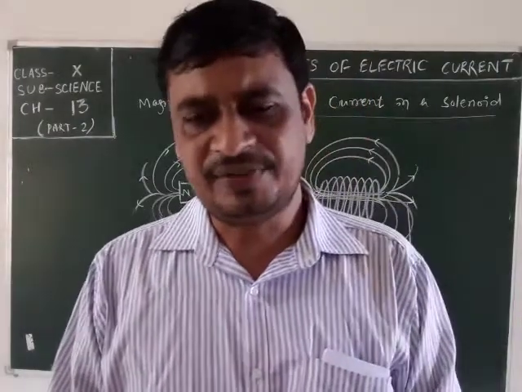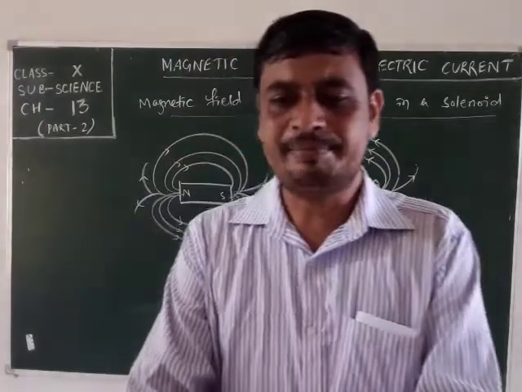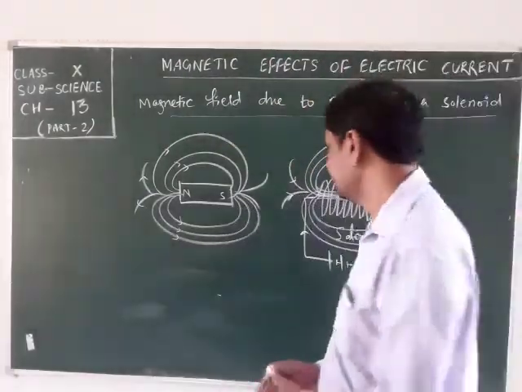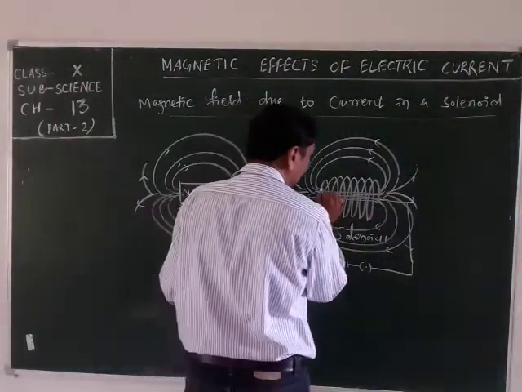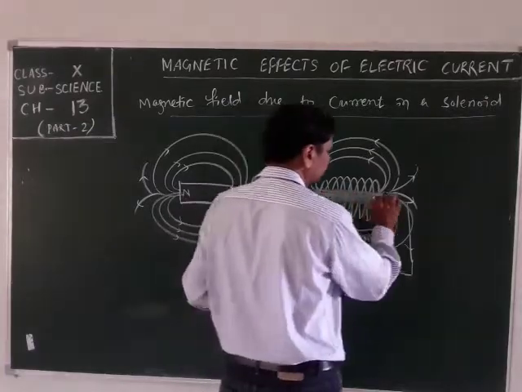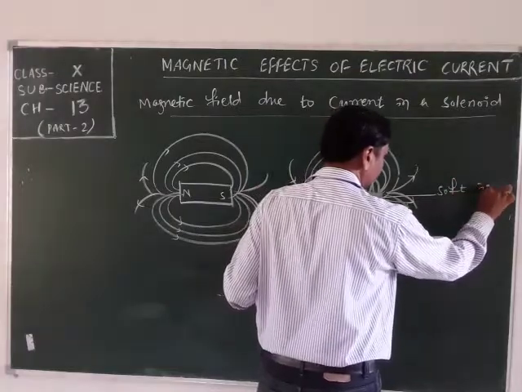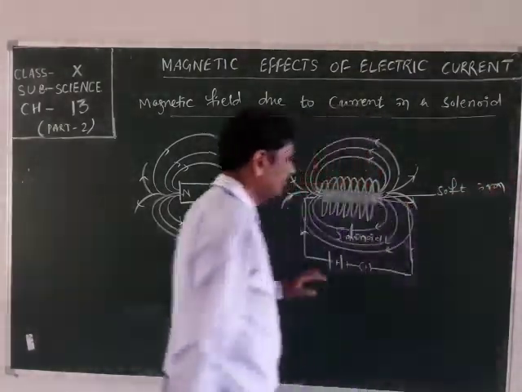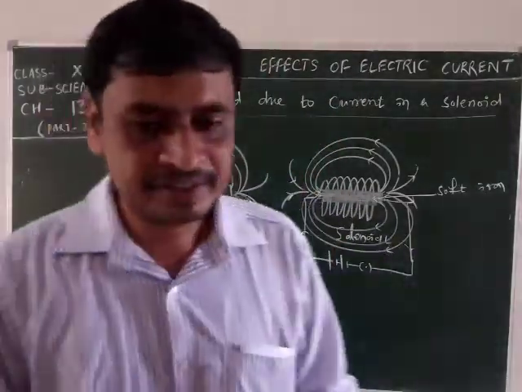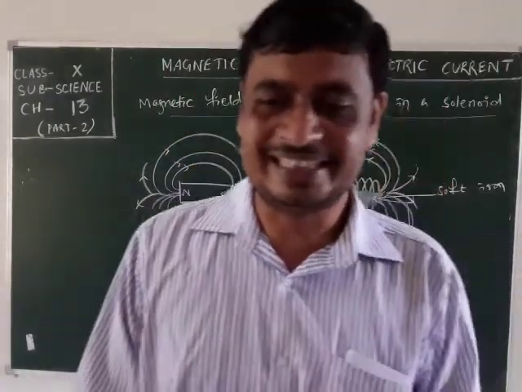A strong magnetic field produced inside a solenoid can be used to magnetize a piece of magnetic material like soft iron. If a piece of soft iron is placed inside this solenoid, then the strength of the magnetic field will increase there.